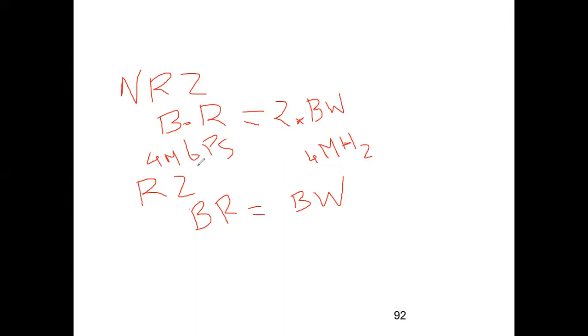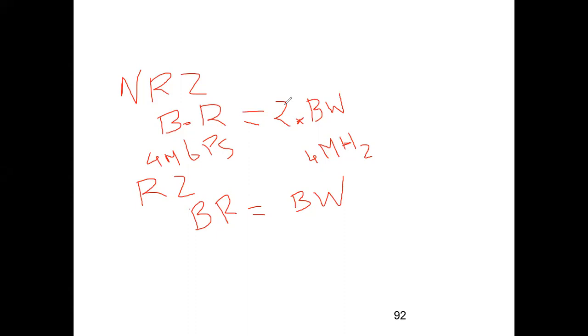Nothing to divide by. Don't go for all these confusions. So before starting the numerical, I am telling you that if it is 4 Mbps and it is equal to bit rate, it is equal to bandwidth, so you directly take it as 4 megahertz. So this was the first case where I had a rectangular pulse. You only have to remember the bit rate BT less than or equal to 1 upon 2t.